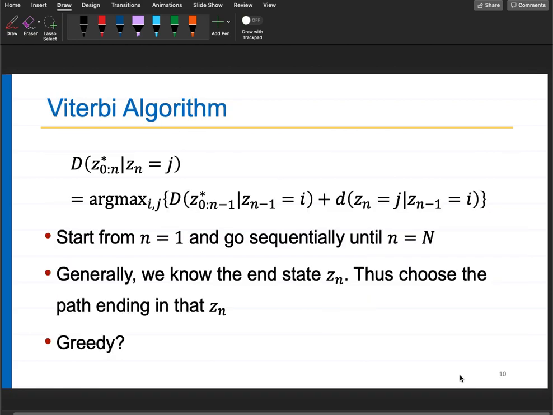Okay, so this is the Viterbi algorithm, that you have got the path from 0 to n. You do not consider just one path, you are tracking all the k paths.